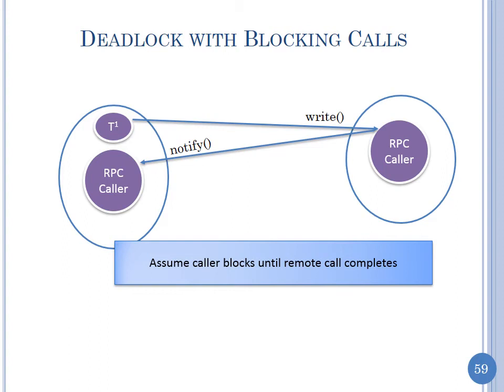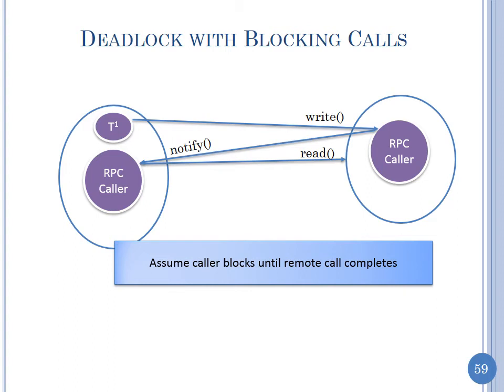And it's not a cyclic dependency because we have three threads, and we don't have a cycle going back to T1. So to make a cycle, we'll just say it did not get enough information in the notify. Maybe the notify took no argument, so it now makes a read call back to the server, the process that has the server object, and now there is no system thread to execute this.